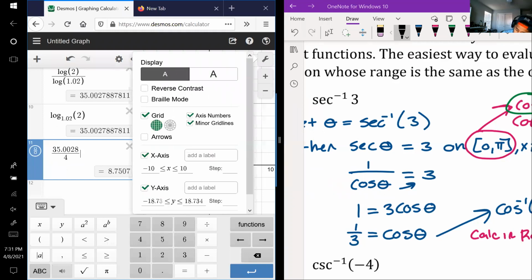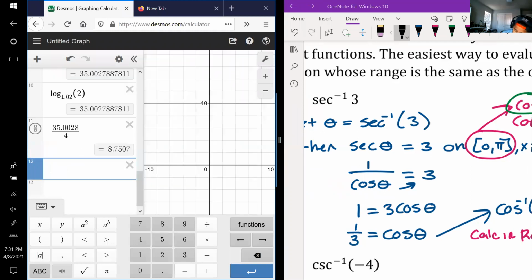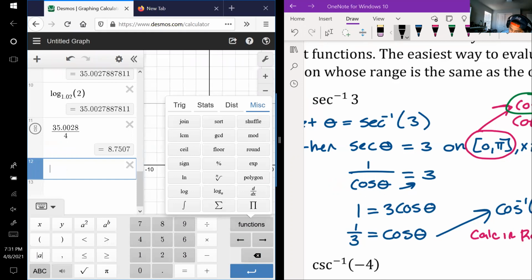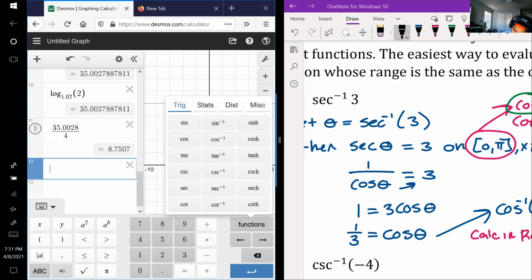In my calculator, I did inverse cosine of 1 over pi over 2, and it gave me 0.88068923. Well, you did 1 over pi over 2, which means that's 2 over pi.